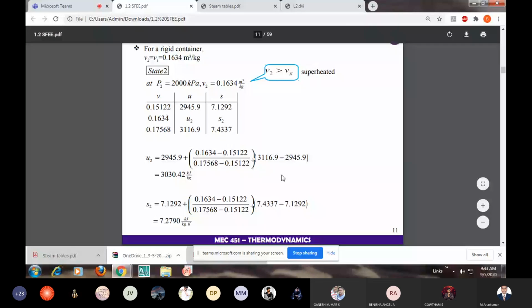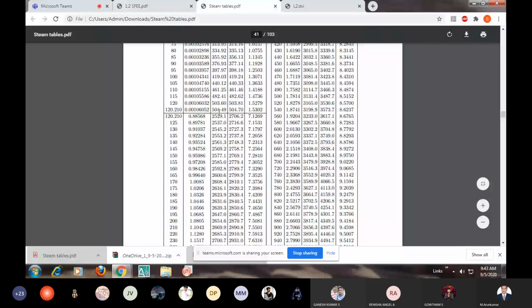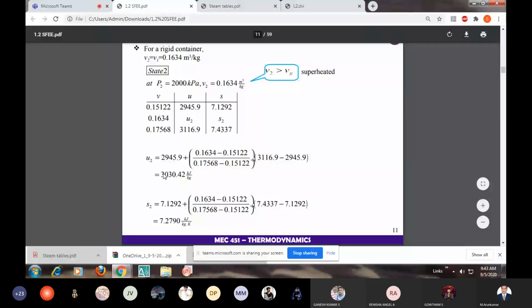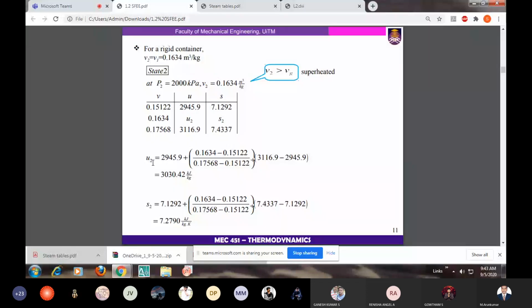So it will be around this one, right? Yes, if you do the interpolation, you will get the value of the specific internal energy U2. Like that, we can find the specific enthalpy values.